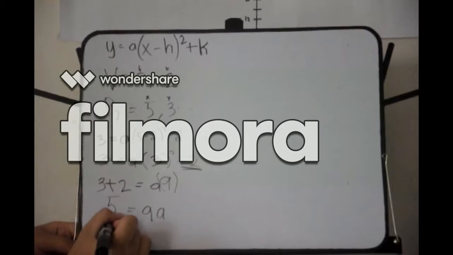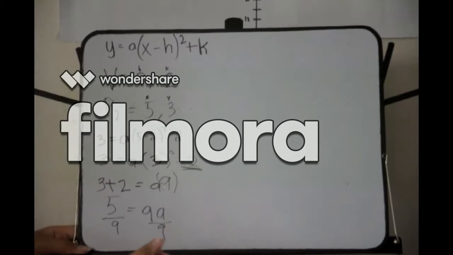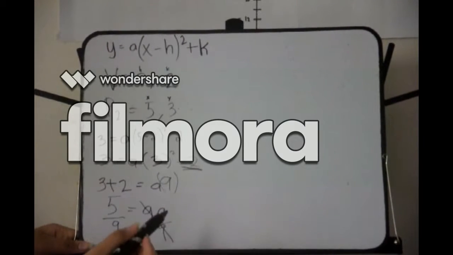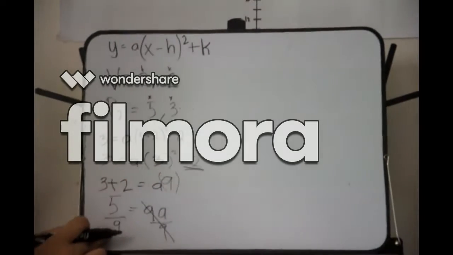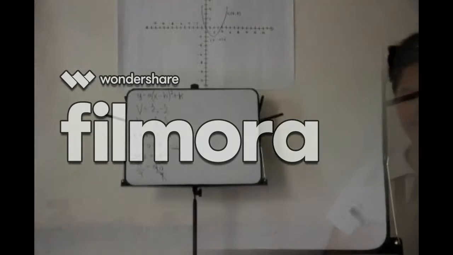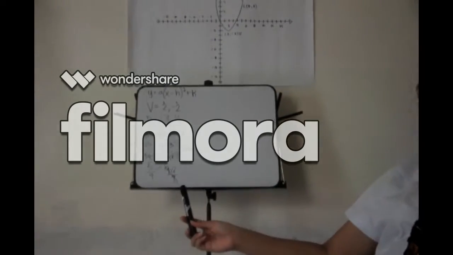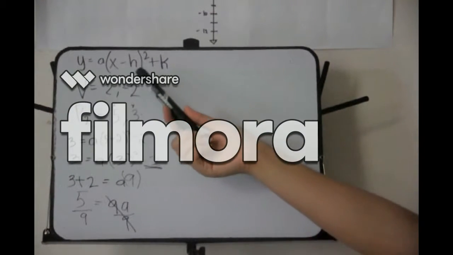So 5 divided by 9, and 9a divided by 9 to cancel out a. So a is equal to 5 over 9. Now that we have our a, we can substitute it to the vertex form here, except for the x and y.